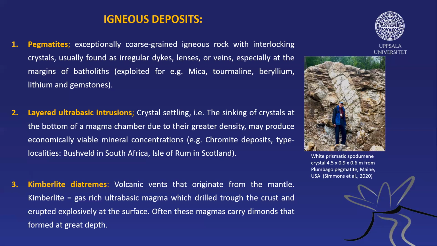and we can find minerals like chromite in this kind of deposits. Type localities of layered basic intrusions: Bushveld in South Africa, we will talk about it in a few minutes, and Isle of Rum in Scotland.